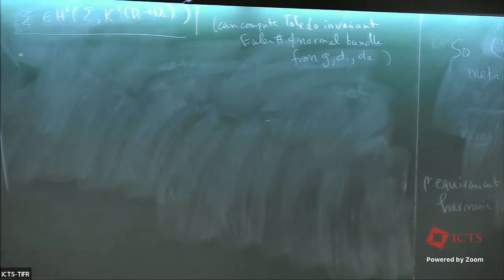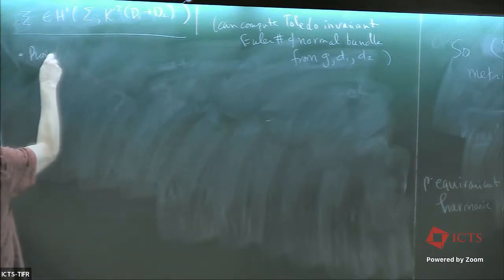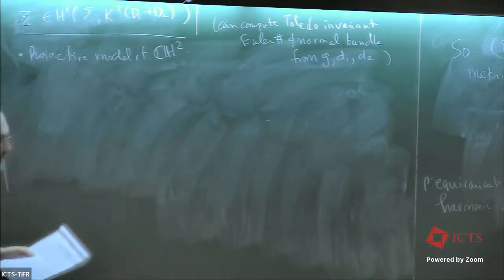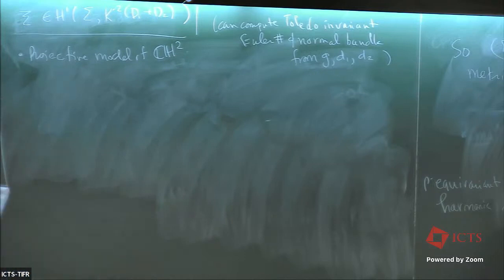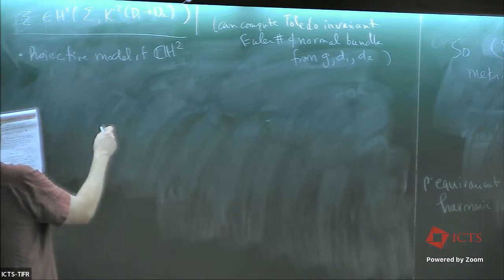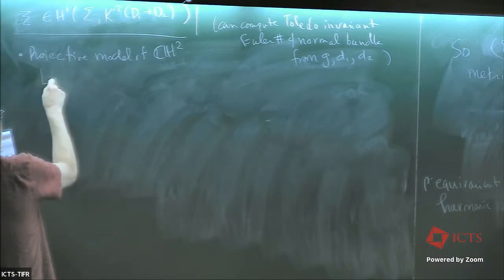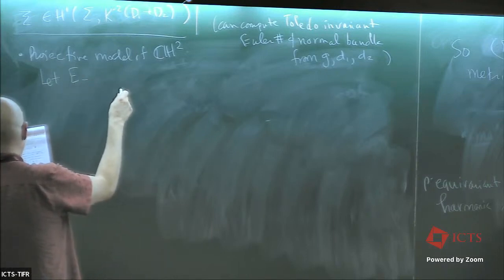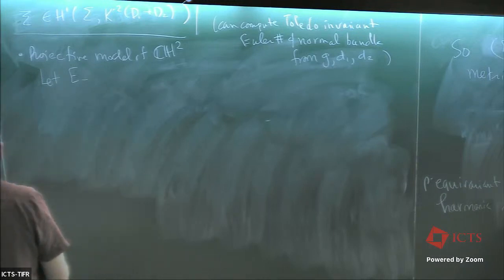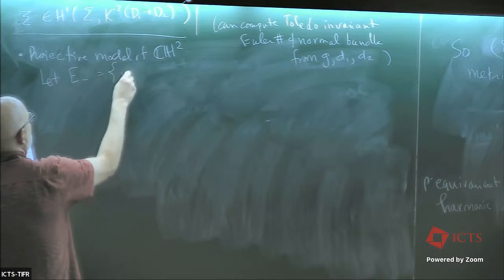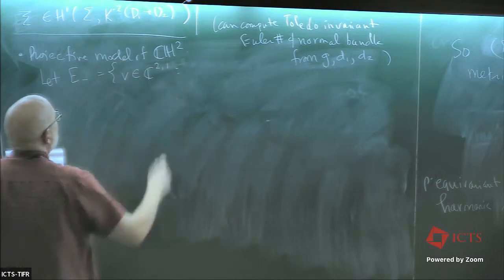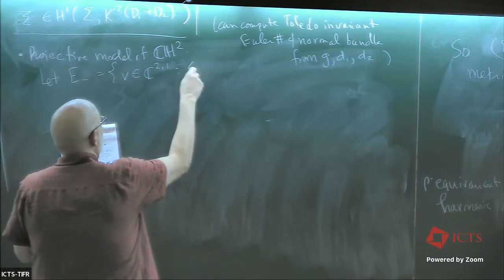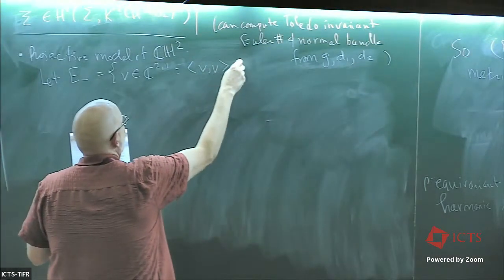Okay, so the projective model of CH2. Let E minus be all the vectors in C^{2,1} which are time-like.